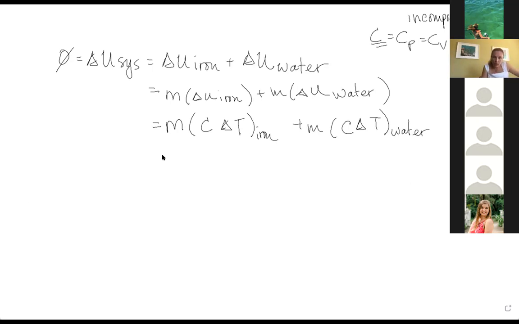We're going to go to table A3 in the book, and we can see for iron, our specific heat is 0.45 kilojoule per kilogram degree Celsius.